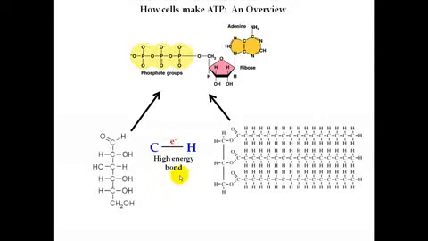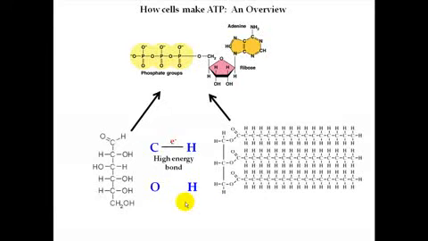On the other hand, if you have an oxygen to hydrogen bond or an oxygen to a carbon bond, those are considered to have less potential energy. And the reason for that is the relatively high electronegativity of that oxygen compared to both hydrogen and carbon.